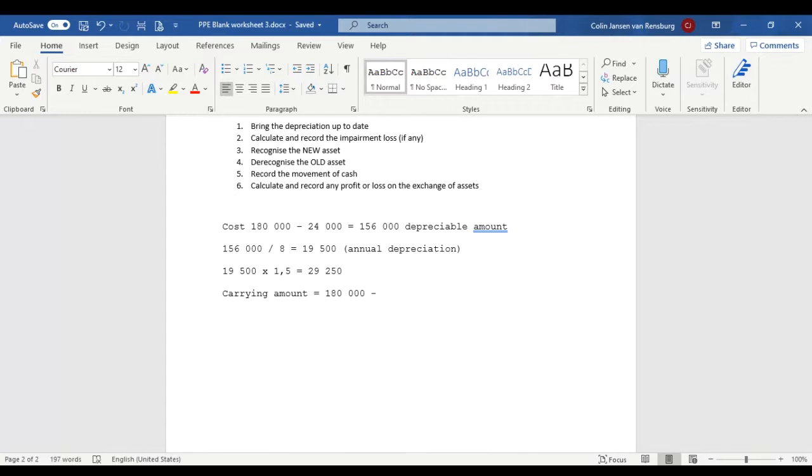That is what gave us the 29,250. So our carrying amount, if you can help me out again there, please. 150,750, is it? Thank you.